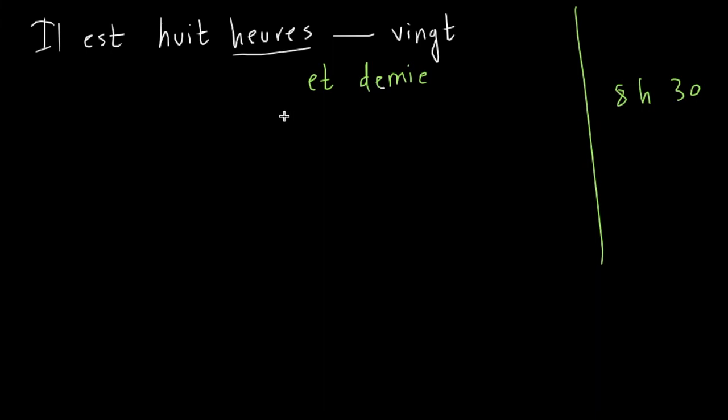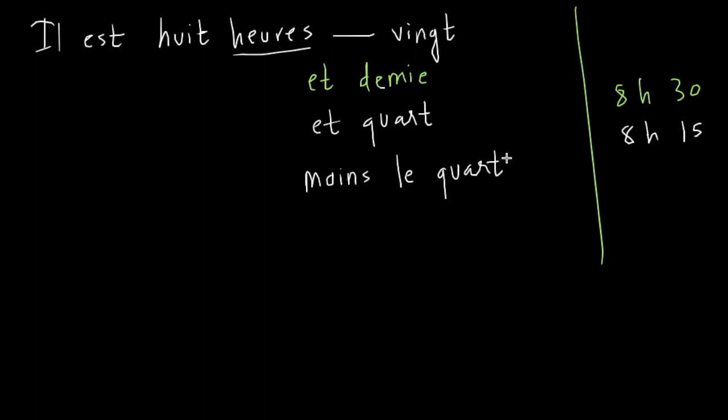Then we have "8 heures et quart", 8:15. In English we say quarter past 8. "Il est 8 heures et quart." Then you can also say "moins le quart". That is 7:45.